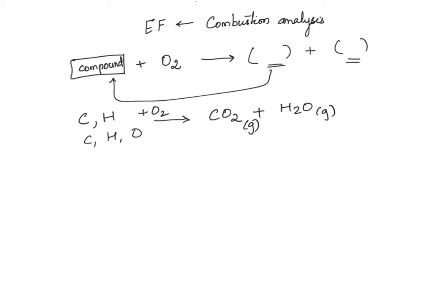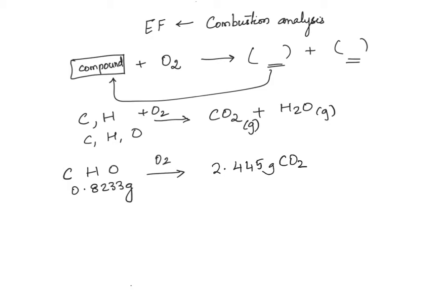So take a compound that contains carbon, hydrogen and oxygen. 0.8233 grams of that compound, on reacting with oxygen, produces 2.445 grams of carbon dioxide and 0.6003 grams of water.